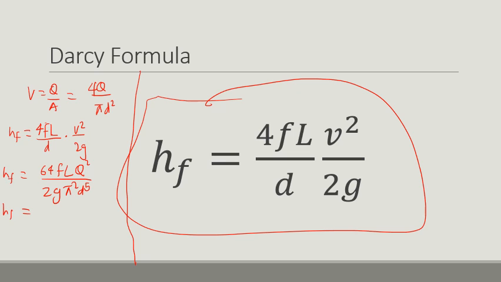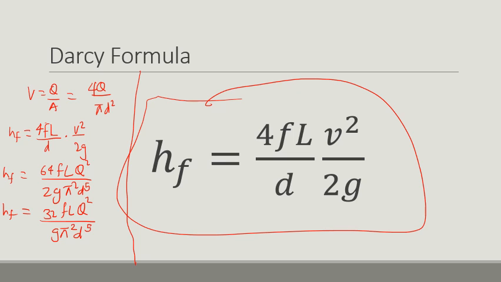HF is equal to 32 FLQ square over G pi square d raised to the power 5.